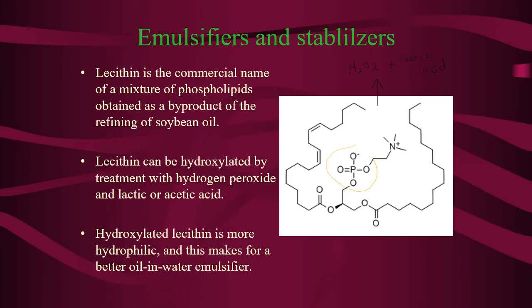This double bond will be converted into OH, meaning that it is now hydroxylated, and it is more hydrophilic because you know that OH can make hydrogen bonds. So when it makes hydrogen bonds, it is more hydrophilic compared to the double bond, which is more hydrophobic.